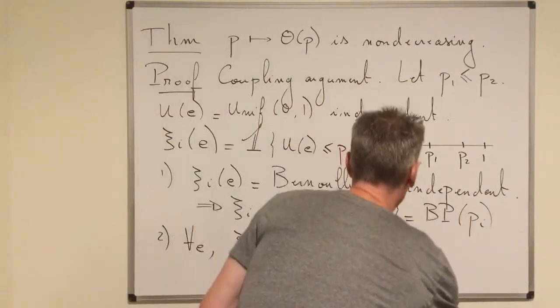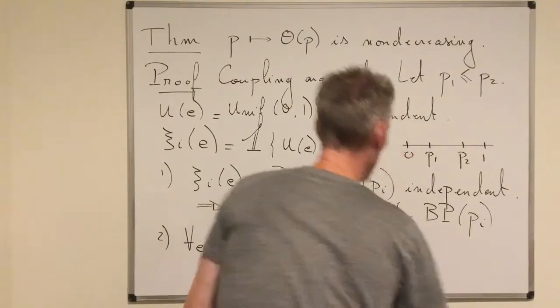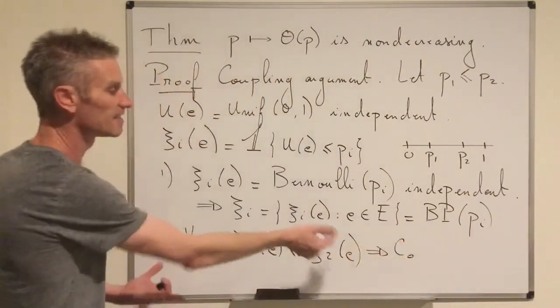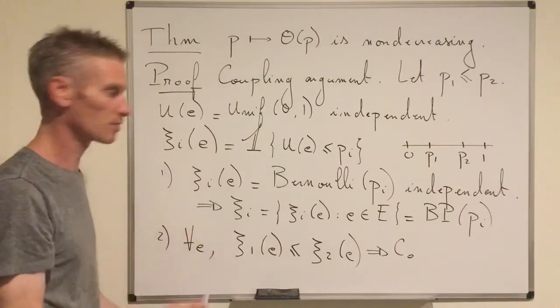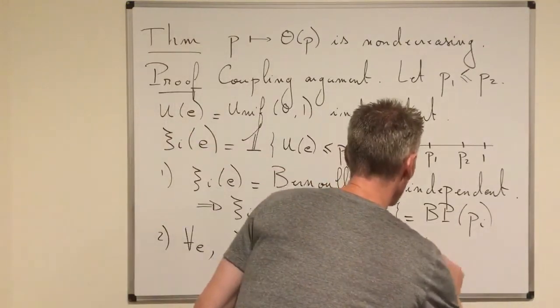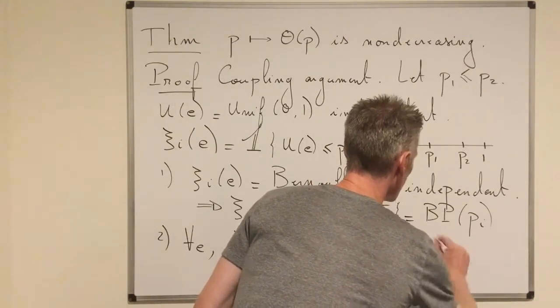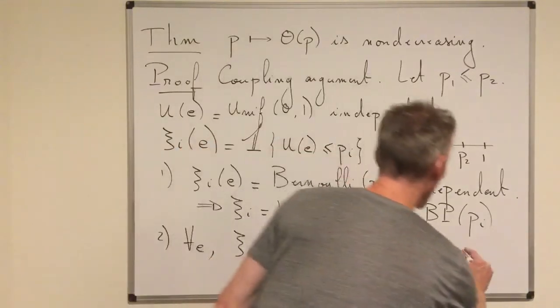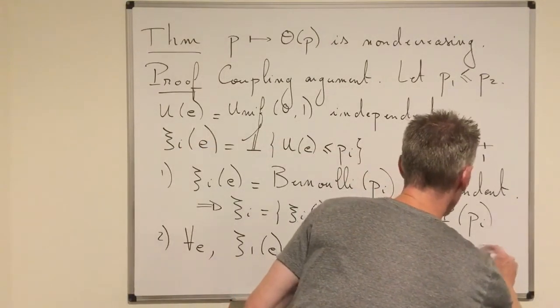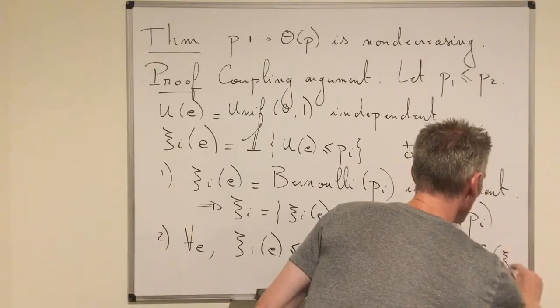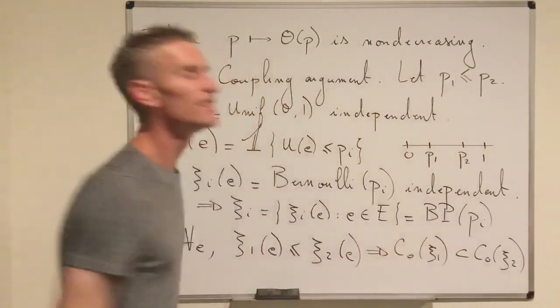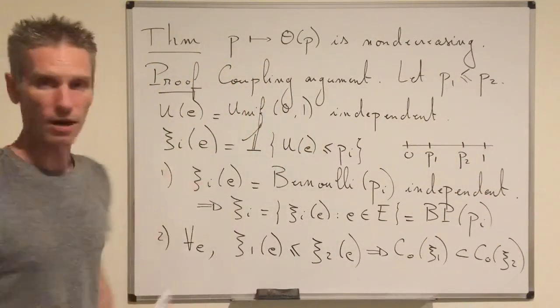So that means that C0, and to precise that that's the C0 attached to the first process, I'm going to write the dependency like that, C0 of Xi1 is going to be a subset of C0 of Xi2. And this inclusion is true with probability 1.